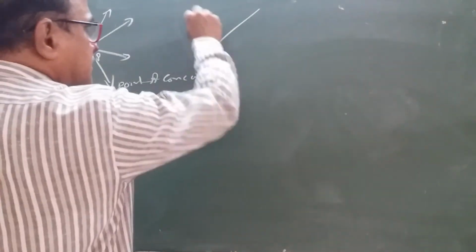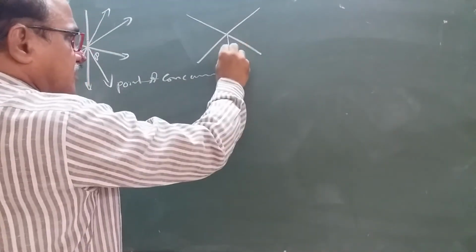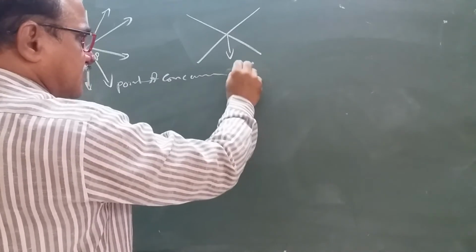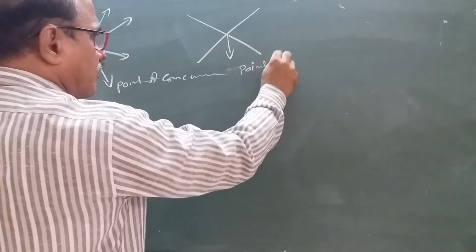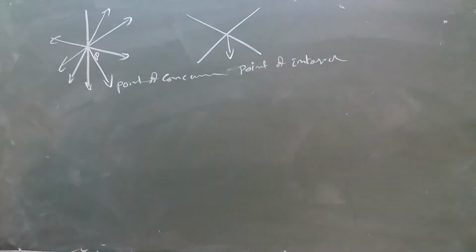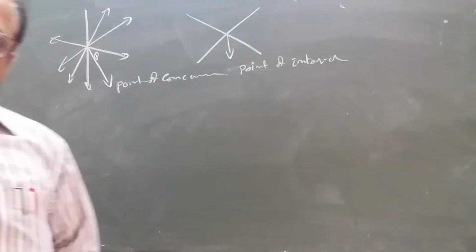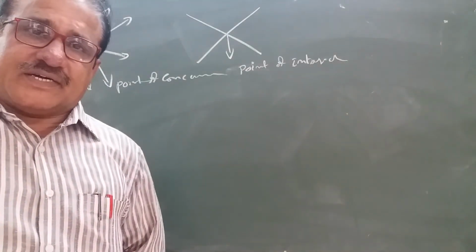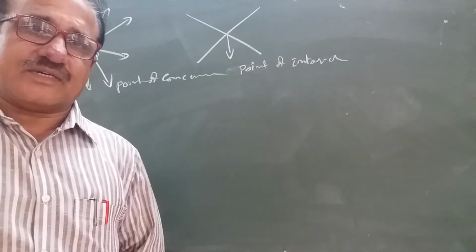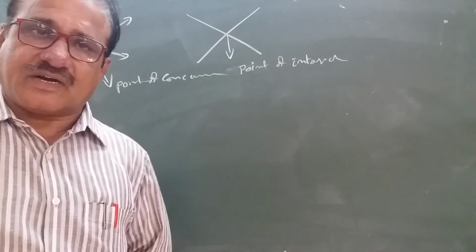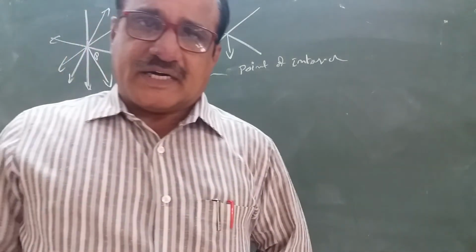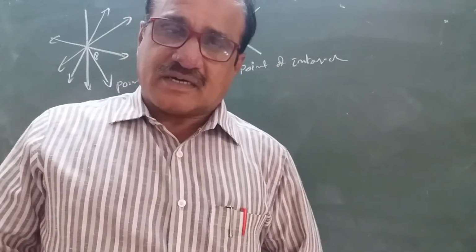If two straight lines intersect, we call it the point of intersection. That is the difference between these two. If only two lines are there, that point is the point of intersection. If three or more lines pass through a single point, we call that point the point of concurrency or concurrent point, and we call those lines concurrent lines.